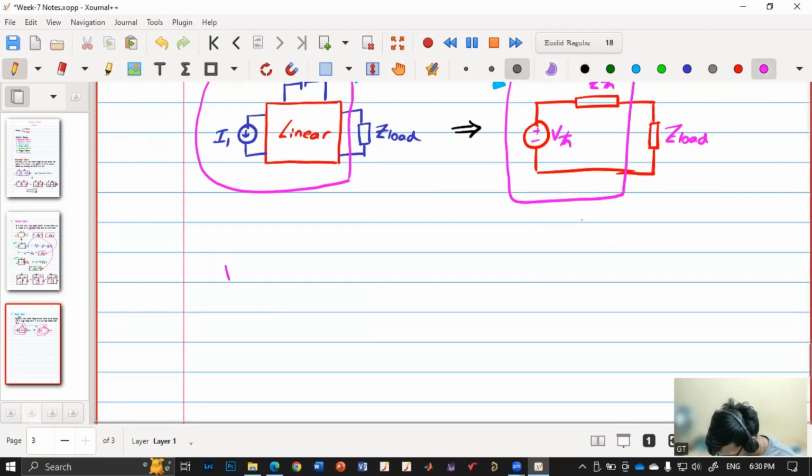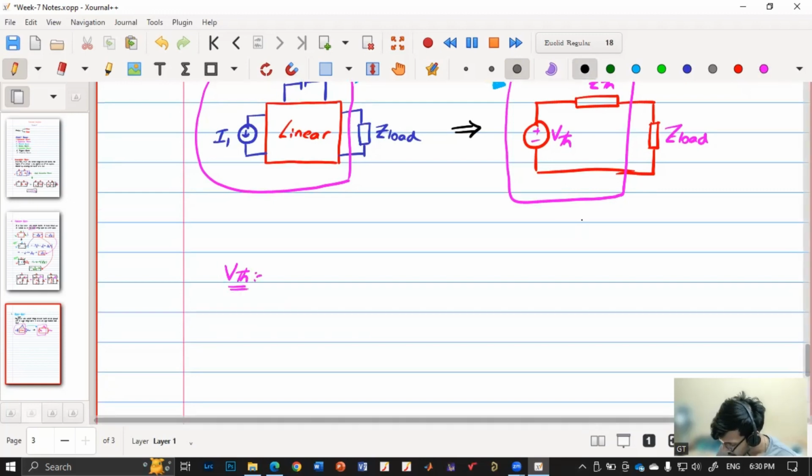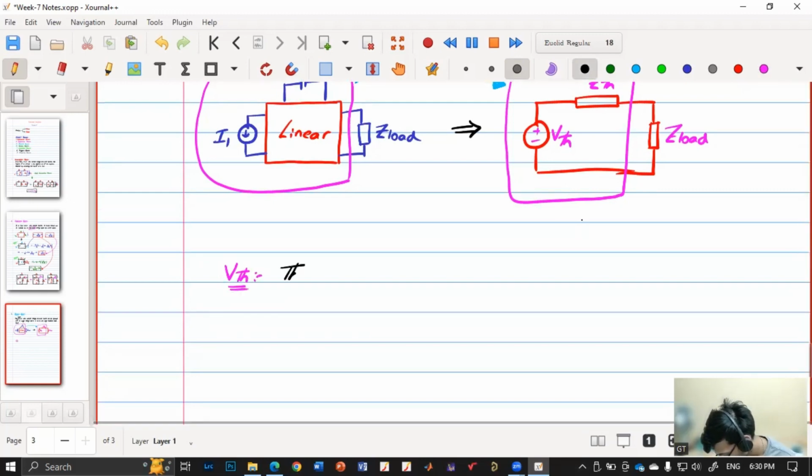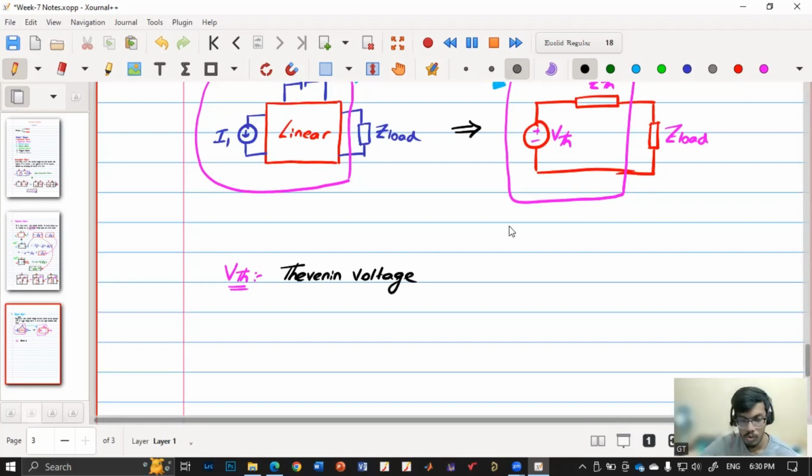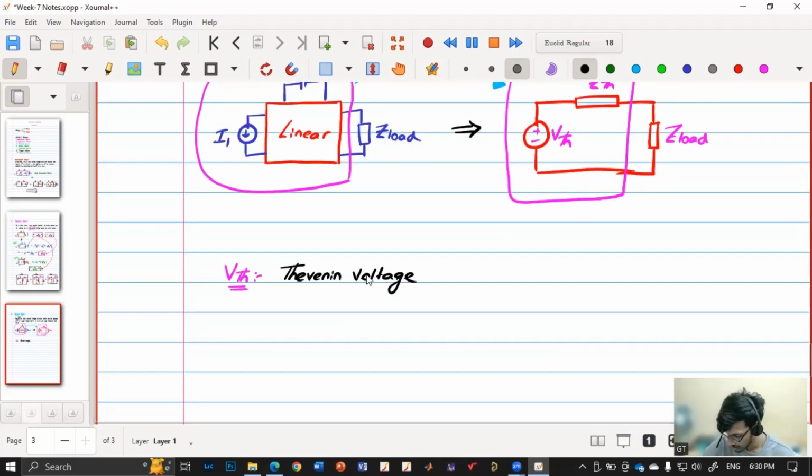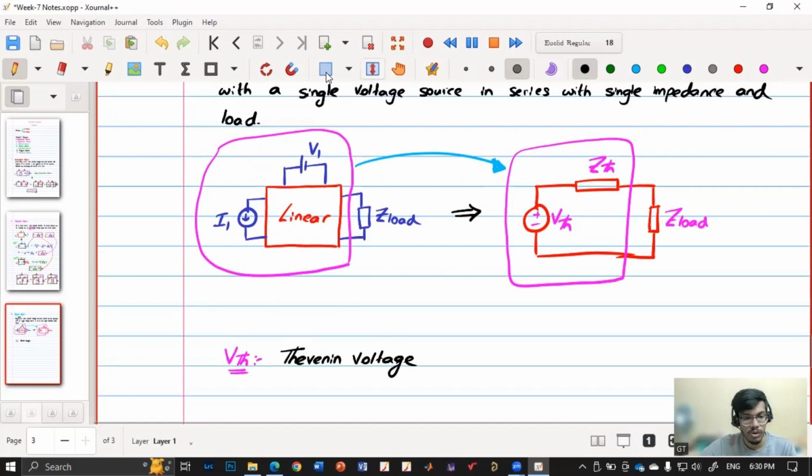VTH is called Thevenin voltage. And how do we find Thevenin voltage? We'll consider the same circuit. It would be easy if I just copy paste this.